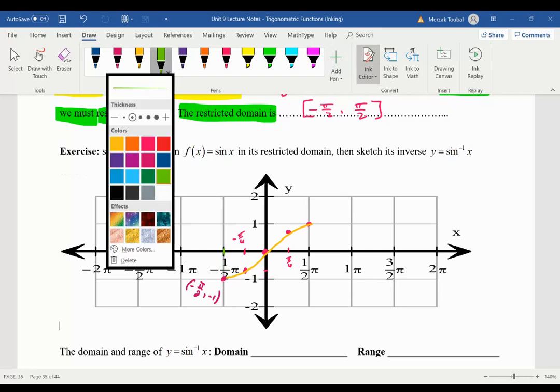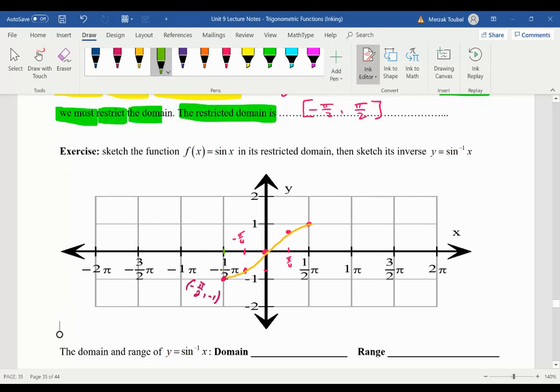It's somewhere here. It doesn't want to stick. Let me change the color. Maybe it works. No. Okay. Hmm. Okay.